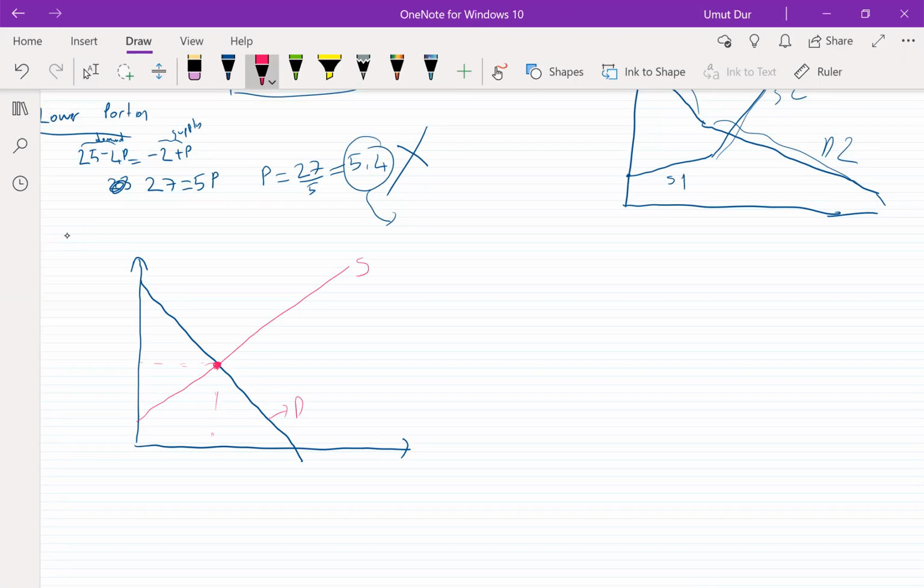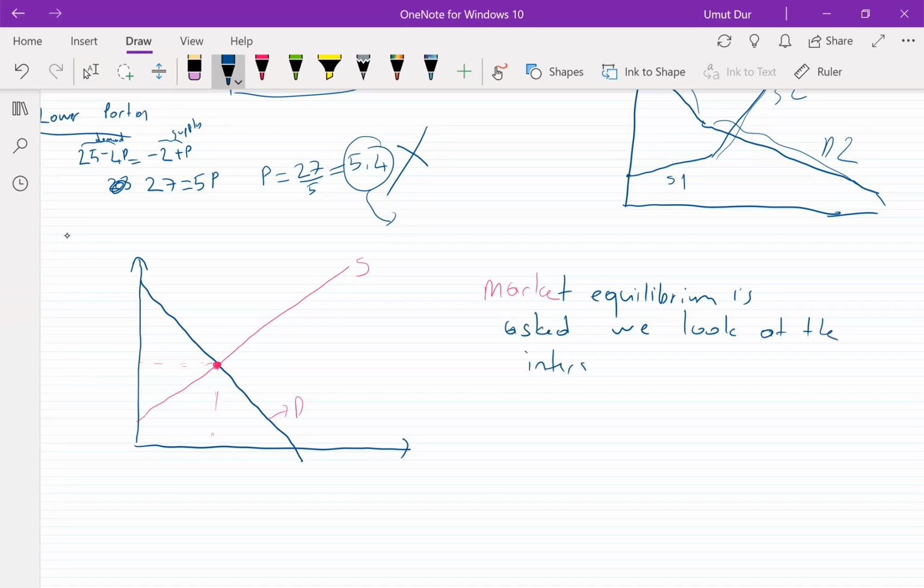So we are always saying that when the market equilibrium is asked, we look at the intersection.